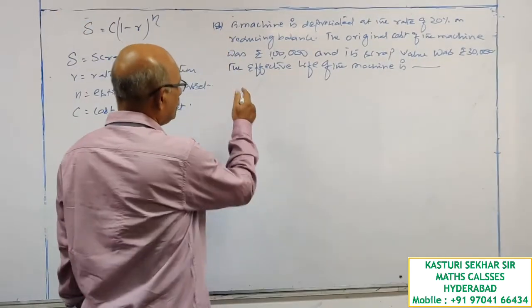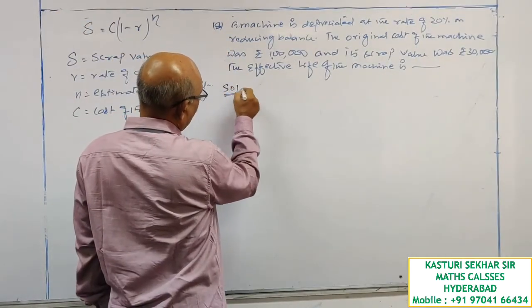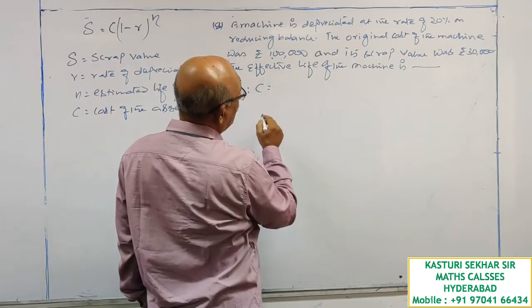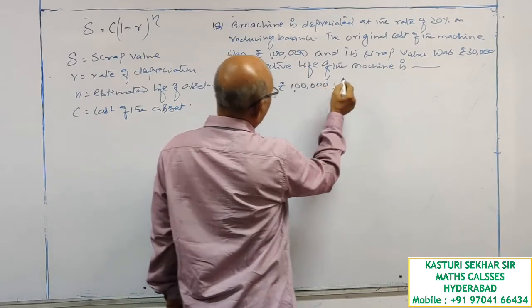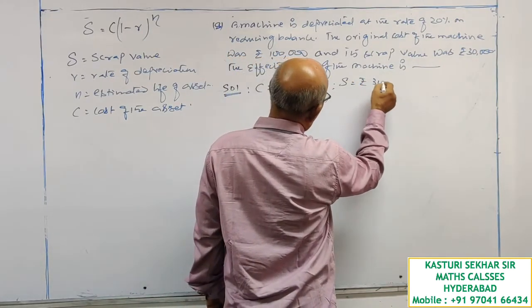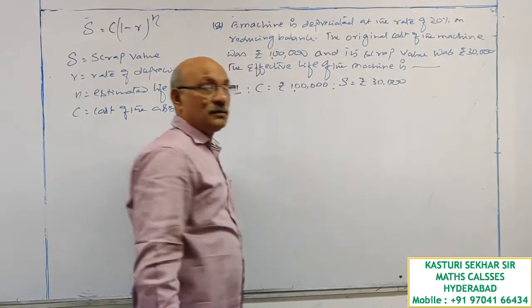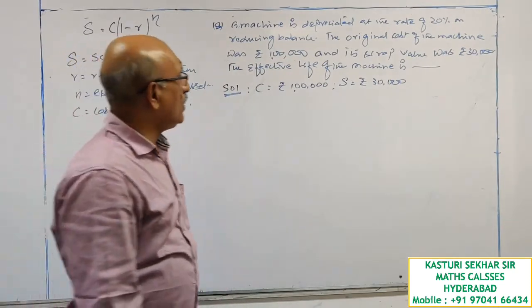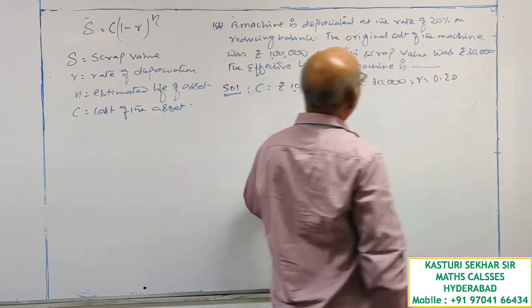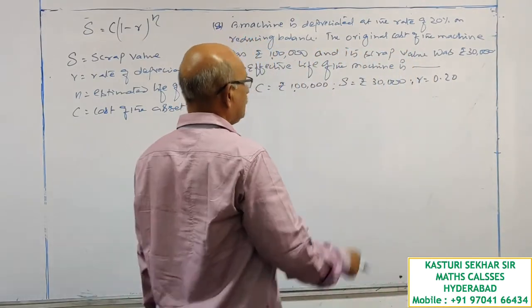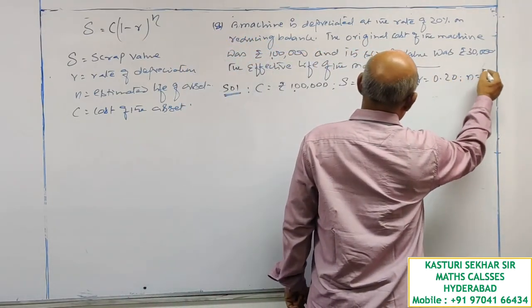Now sir, see the solution of this. Cost of the asset is equal to rupees 1 lakh. Scrap value is equal to rupees 30,000. Rate of depreciation is 20%. N is equal to question mark.